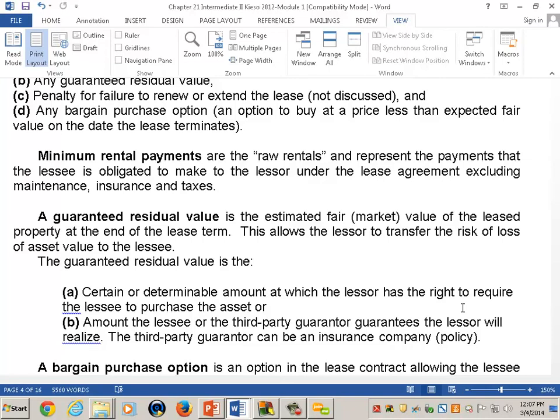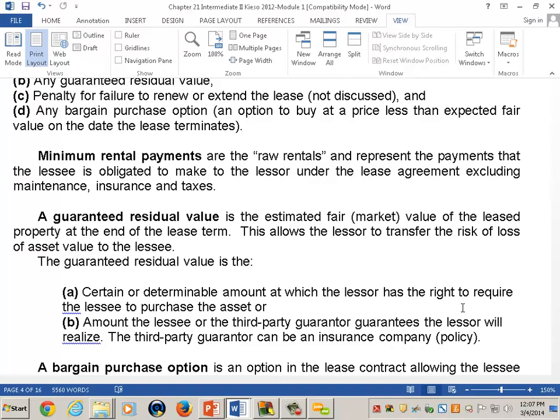What you can do is lower the minimum lease payments, and someone talked in the other class about trading off, and we did just now, trading off residuals for payments. If I need to lower the payments, I could pay someone to get an insurance policy to guarantee the residual. So you don't have to worry about it as the lessee, and the lessor has someone else guarantee it.